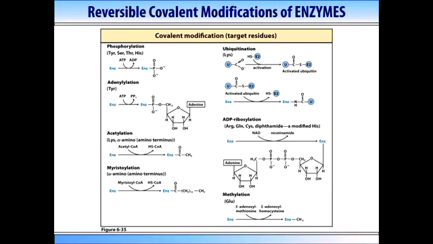This usually dramatically changes the physicochemical properties of the enzyme, because the phosphate group is negatively charged, and it's also important to know which amino acid it's attached to. It can be only serine, threonine, tyrosine, and in very rare cases histidine. So, regulation by phosphorylation is again one of the most common types of regulation of the enzymes inside the cells.